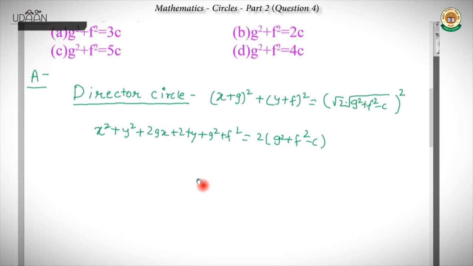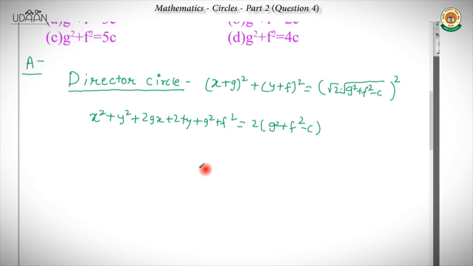But 0 comma 0 lies on the director circle. Yes. So on substituting 0 comma 0, we get g square plus f square equals 2 into g square plus f square minus c. On rearranging, so this is the required condition.